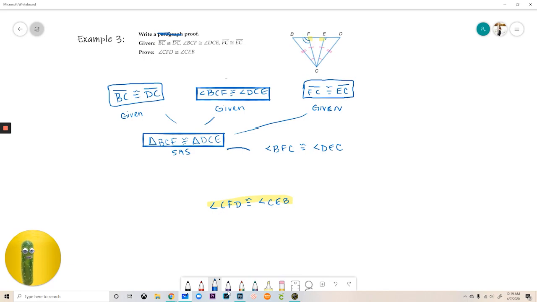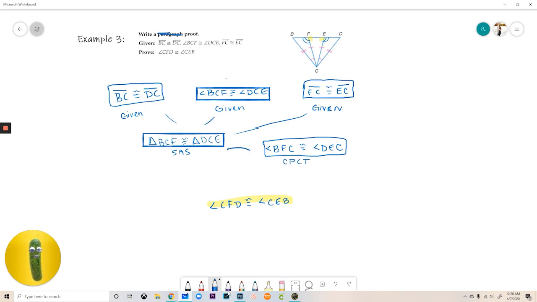We have these two angles right here are congruent, okay? So we know that. So this would be corresponding parts of congruent triangles. We may have mentioned that before, but since we know that those two triangles are congruent, their corresponding parts are also going to be congruent.